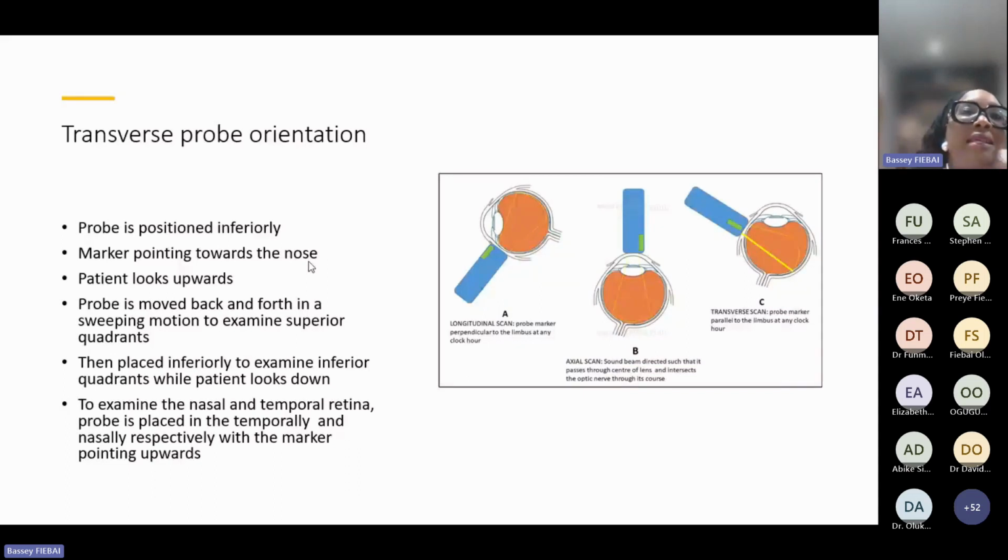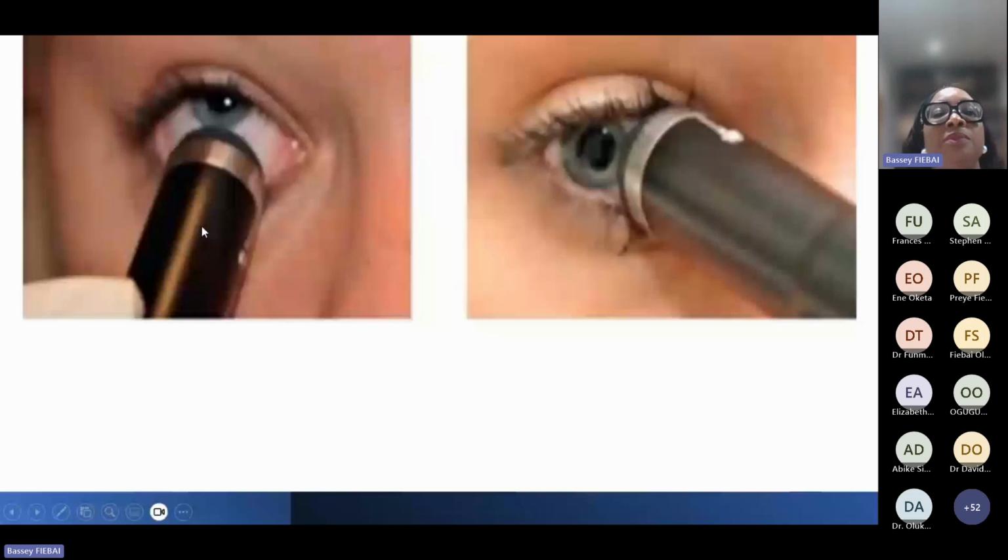If you're scanning the nasal and temporal retina, the marker should point in the 12 o'clock direction, and the patient will be looking in the opposite direction to the area that you want to scan. So this is the transverse orientation. You can see the marker is facing the nasal aspect, but you're scanning the superior retina.